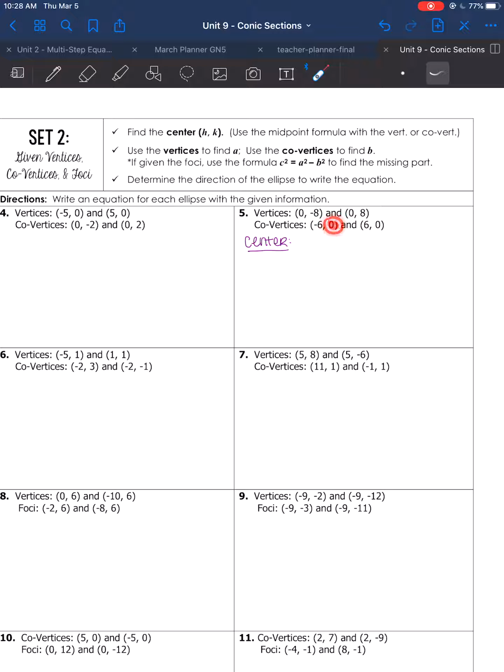And the zeros here stay the same, and then negative 6 and 6 is what changes. So (0, 0) is my center. And 8 is bigger than 6, so this is vertical.